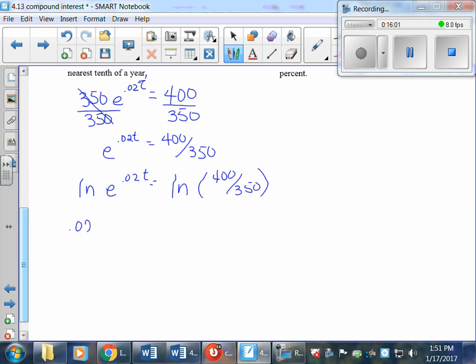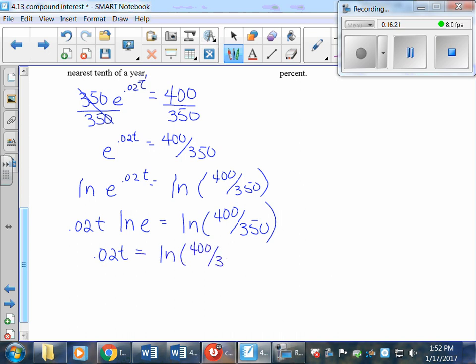So 0.02t times ln of e is equal to the ln of 400 over 350. And the ln of e we learned from our last lesson is equal to 1. So you have 0.02t is equal to ln of 400 divided by 350.